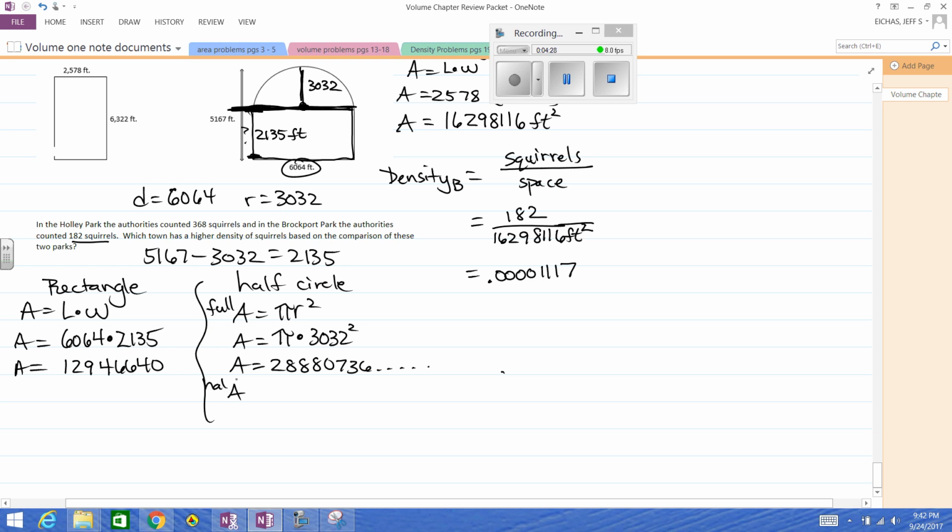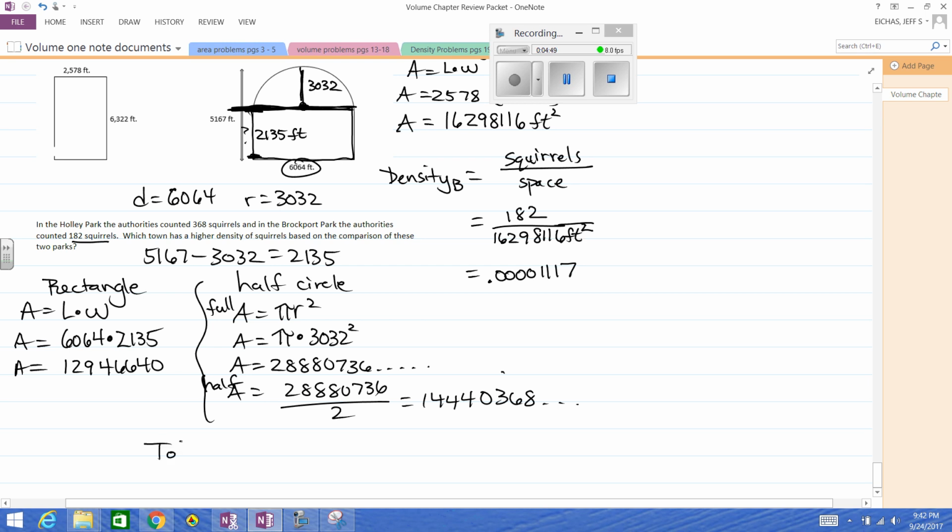Half of the circle, let's not forget to do half of that. That's going to give us 14,440,368, and there's some more after that too, but that's good enough.